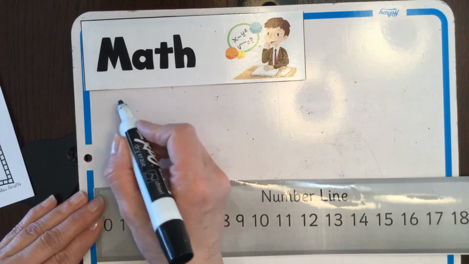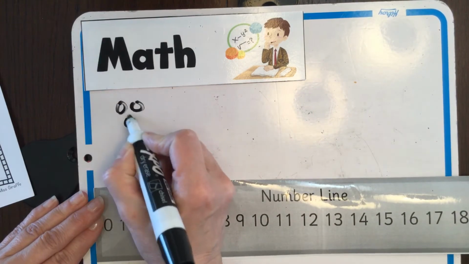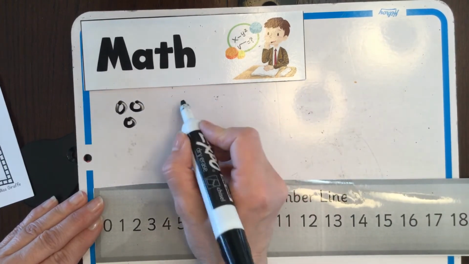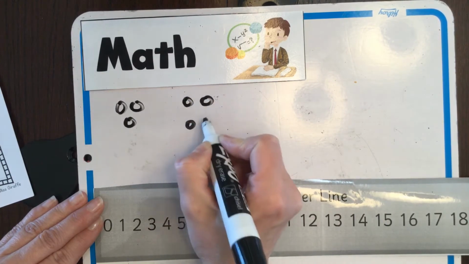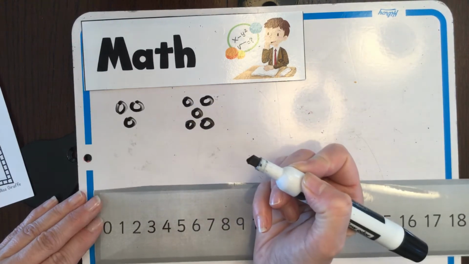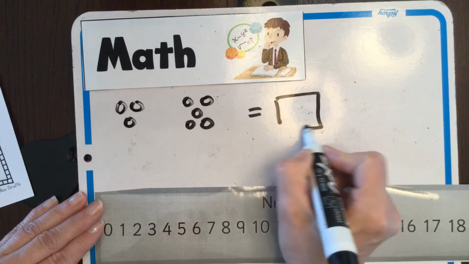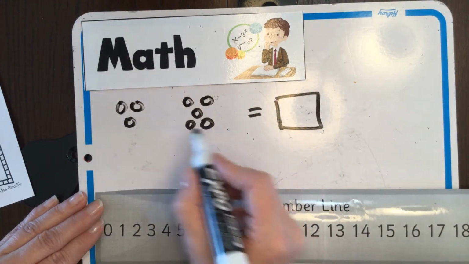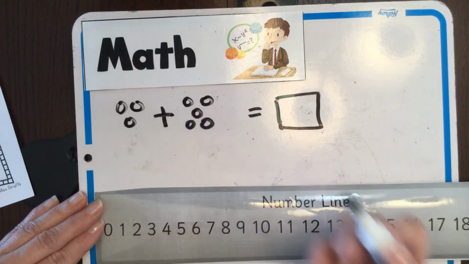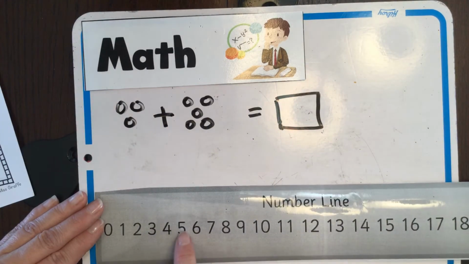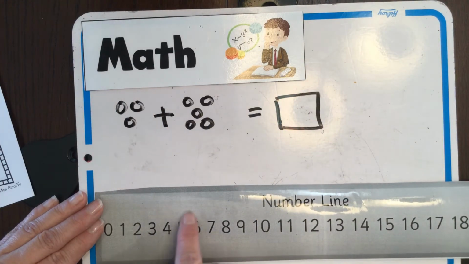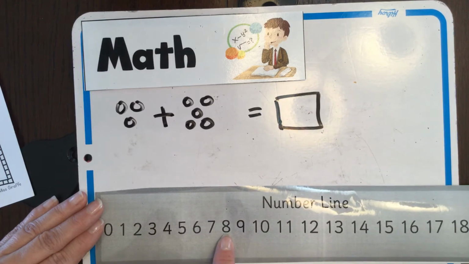So I had 3 bugs for Kip, and I had 5 bugs for Ben. I'm going to use dice dots to help me. And they want to know how many all together. So I'm going to count them all together. That means I'm going to be adding. I could use my number line to easily skip 3 forward, 1, 2, 3 to find the answer.